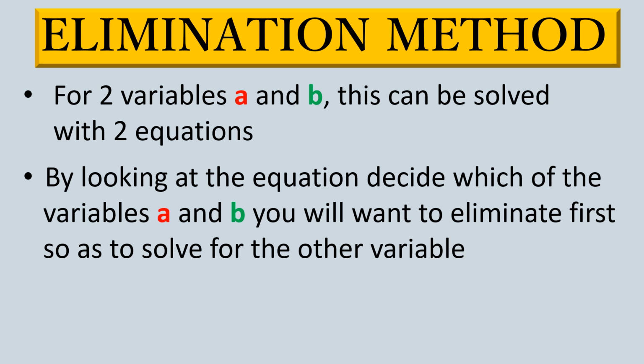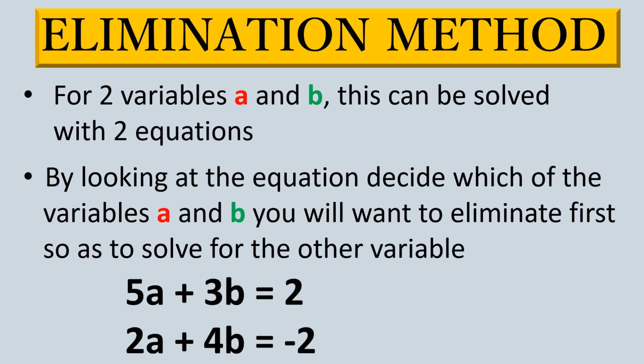And likewise, if we eliminate the variable b, it implies that we're going to solve for the variable a. Now you have the simultaneous equation, 5a plus 3b equals 2 as equation 1, and 2a plus 4b equals minus 2 as equation 2.